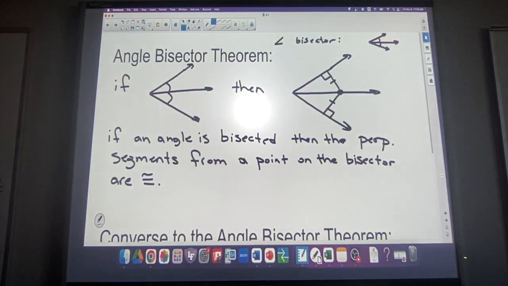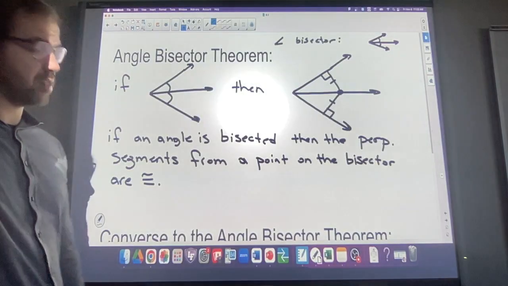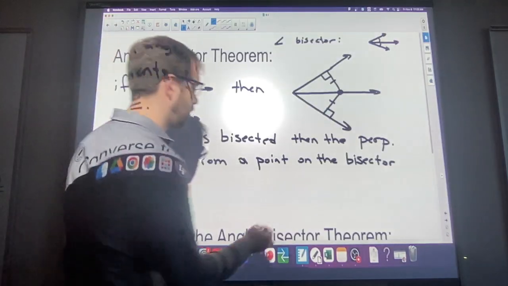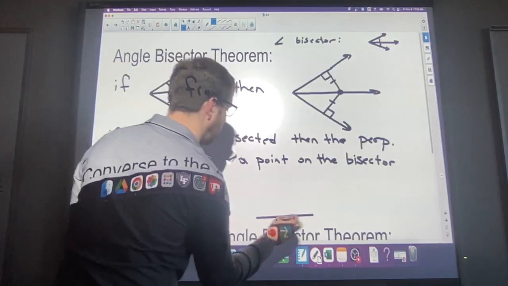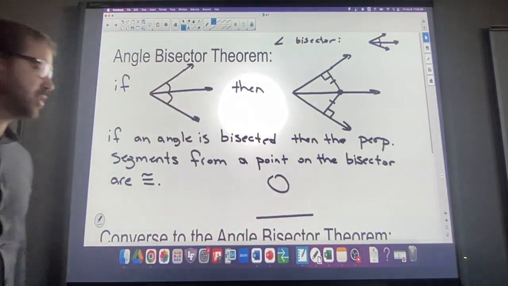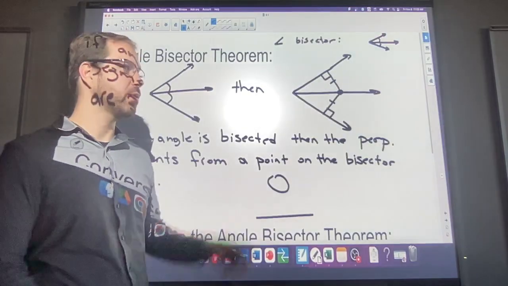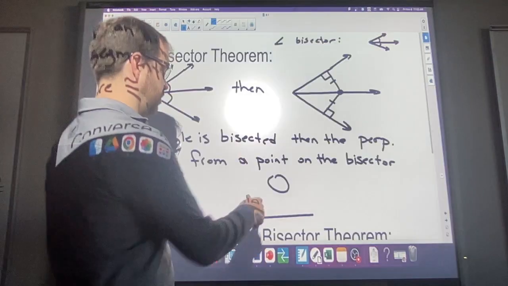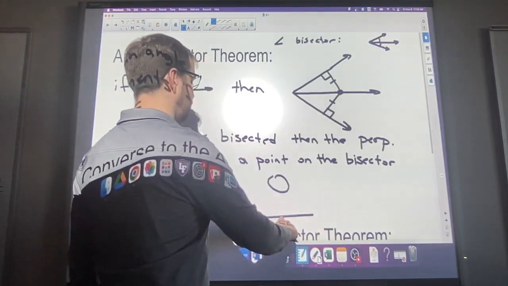All right, now something you need to understand that's going to be more and more important in this unit is the idea of shortest distance, okay? If I throw a ball, and at any point it's in the middle of the air, what is the shortest distance to the ground? Because that's kind of what this is going to be used for in a little bit here. What's the shortest point on the ground that is closest to this ball?